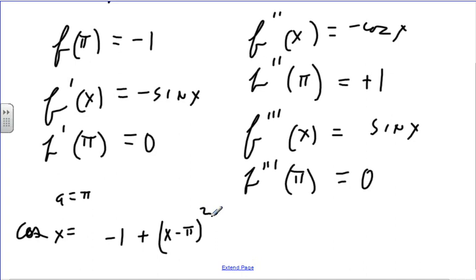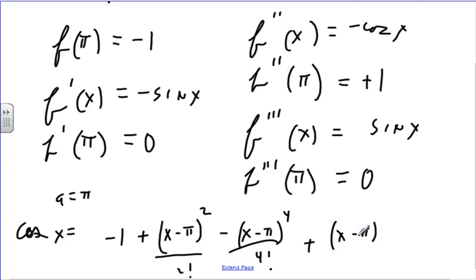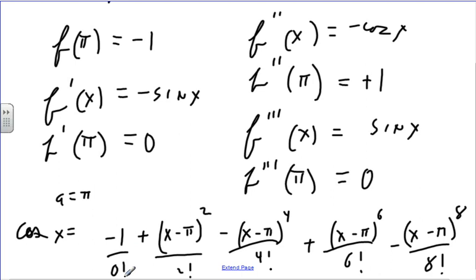Something's not right. Oh, yeah, that's right. Everything's fine. The cube guy, okay, minus x minus pi to the 4th over 4 factorial. This is over 2 factorial plus x minus pi to the 6th over 6 factorial minus x minus pi to the 8th over 8 factorial. And this guy's over 0 factorial, but we normally don't write it.